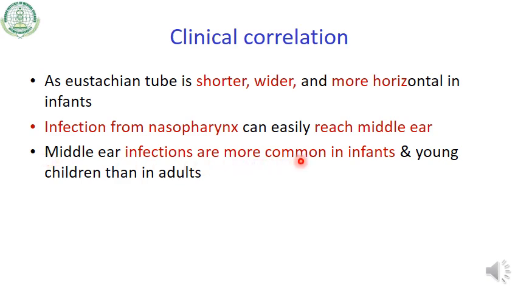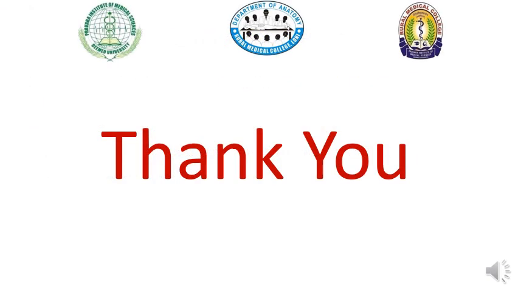Middle ear infections are more common in infants and young children than in adults due to this shorter, wider and more horizontal Eustachian tube. So that is all about the gross anatomy of the auditory tube or the Eustachian tube.